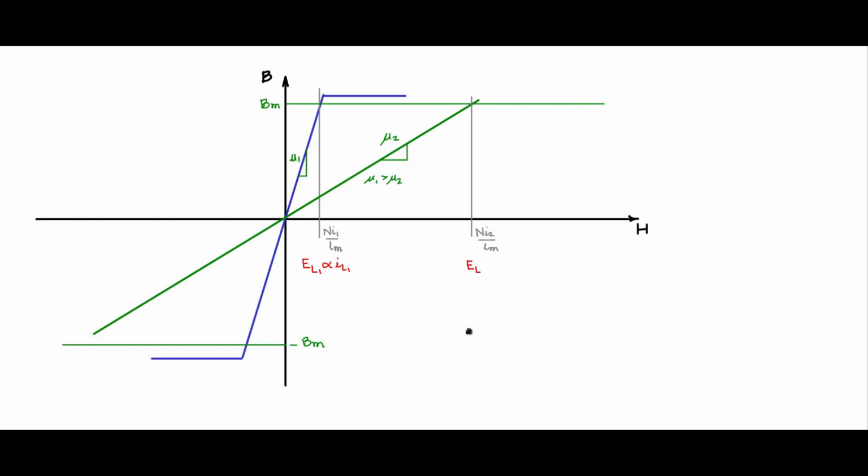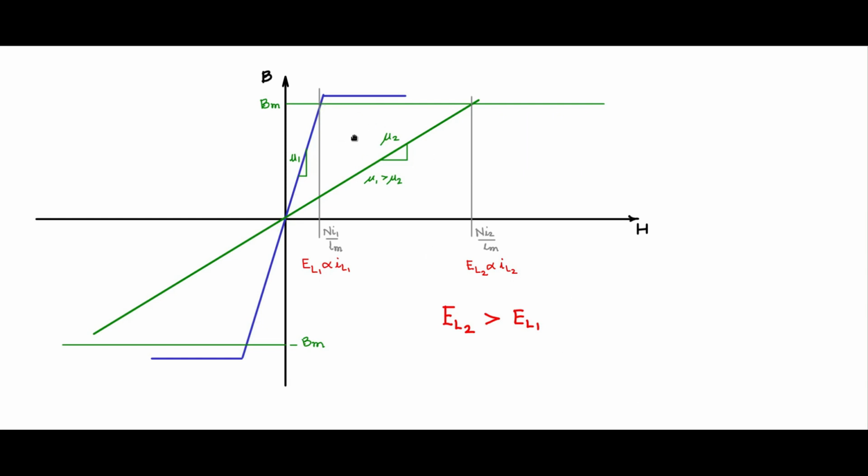And here also, let's say the energy EL2 is proportional to IL2. So we see here that the energy at this point, for this particular current being handled for this core, the green line, EL2, is greater than the maximum energy that can be handled by this core indicated by the blue line.